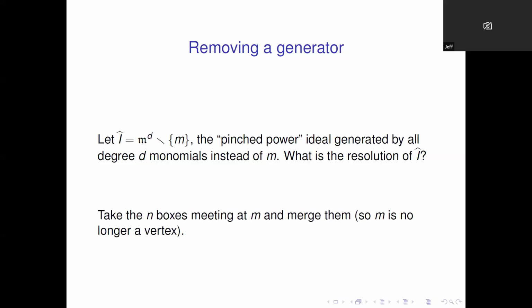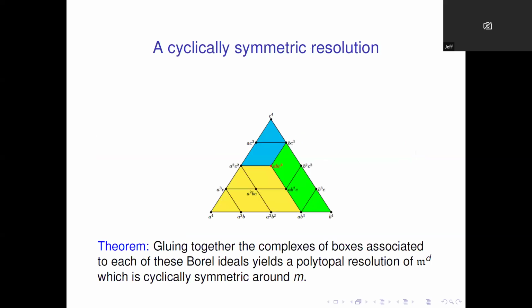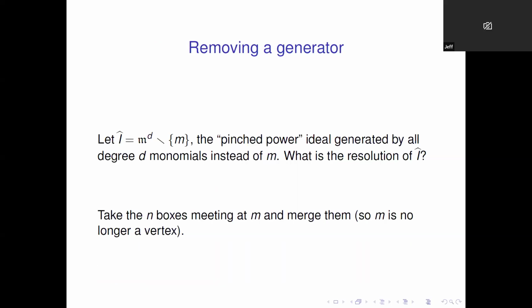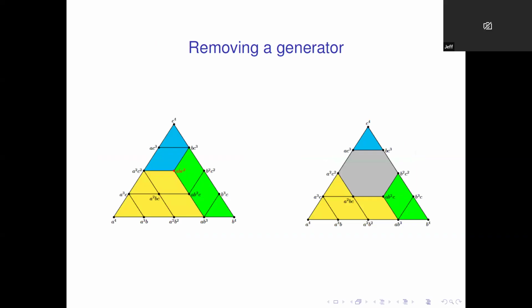And this is new work, mostly due to Hoai Dao. And the plan is, from the polytopal perspective, this is pretty straightforward. Take the boxes that meet at that monomial here. So the yellow, green, and blue box meeting in the center there, forming a hexagon, and treat them as a topological space and just merge them, and you'll get, in the 3-variable case, a hexagon with that deleted variable in the center.